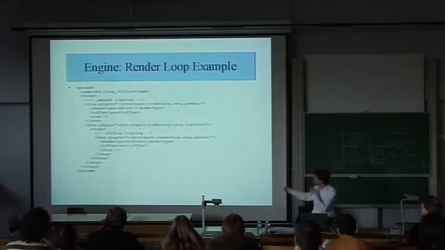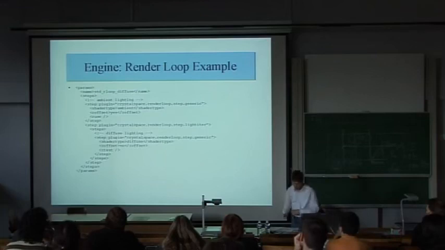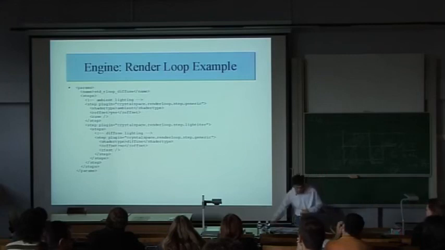So here's an example. It's XML. It's just one of the standard render loops. You see it has a name. There are two major steps in it. The first step is the one that just does ambient lighting, so it's just a fixed amount of lighting on every surface. Then there's a step, which is also a plugin, that iterates over all lights in that sector.